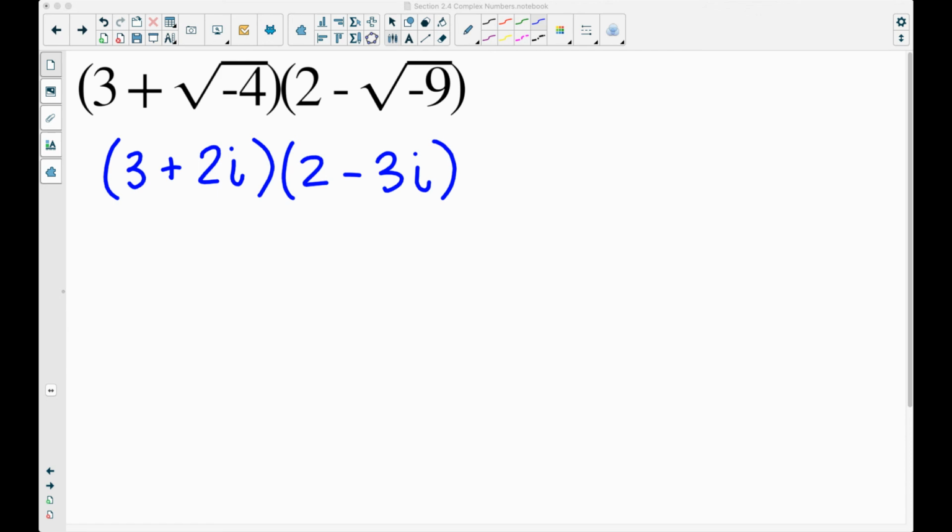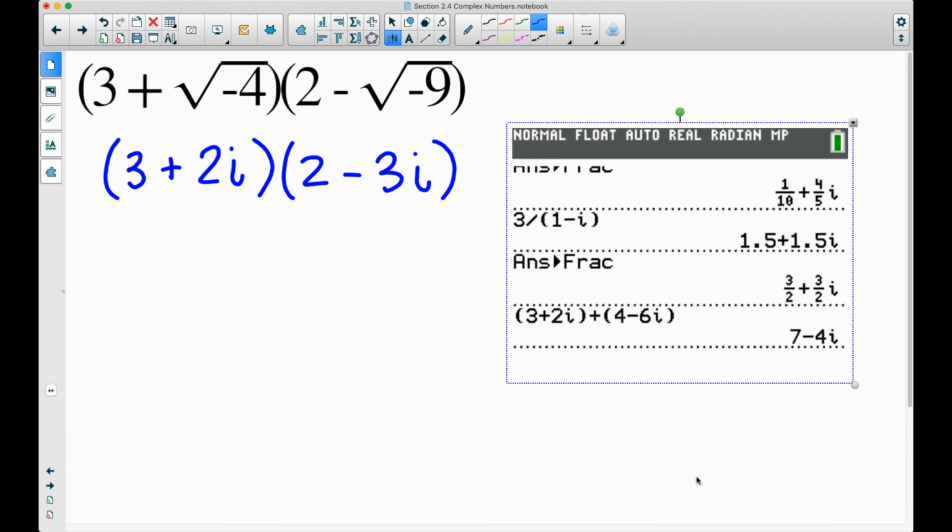So I could do it by hand by doing, in this case, 3 plus 4 gives me 7, and then 2 minus 6 gets me a negative 4. But I know how y'all work. Y'all like to plug things in the calculator like 3 times 1 still, just to check. So again, you can do it by hand, but then you could also plug it in the calculator to double check.